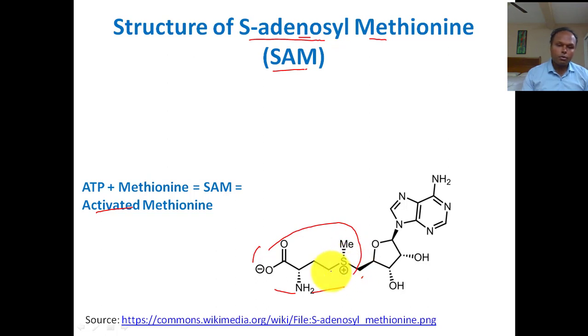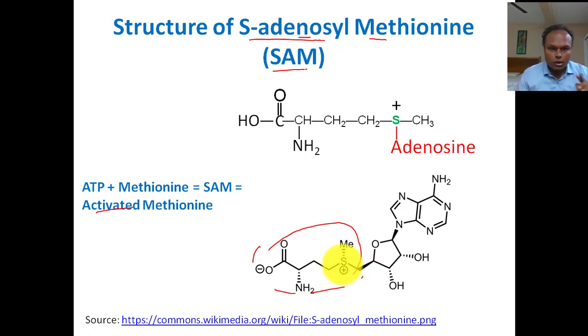This is how methionine gets activated. If you can see in this picture, the sulfur is bonded with 3 carbons, and that makes this sulfur a very active group, very active to donate its methyl group. Because of this 3-bond arrangement there is a positive charge, and this positive charge enables methionine to transfer the methyl group very easily.